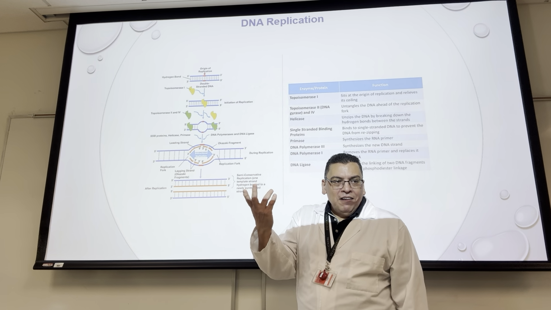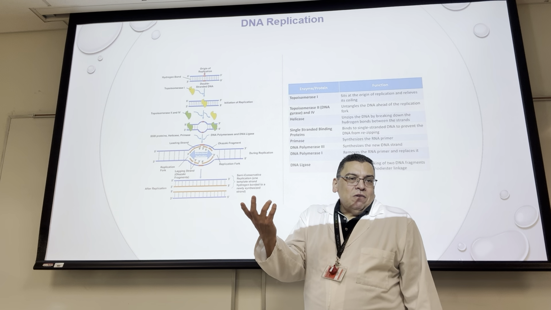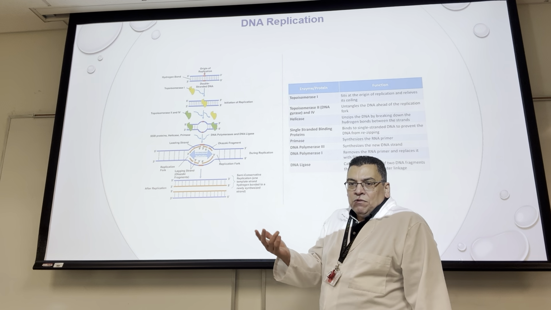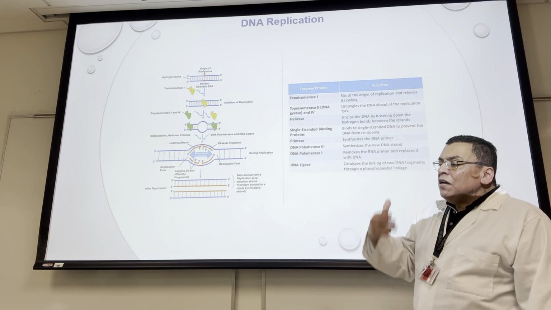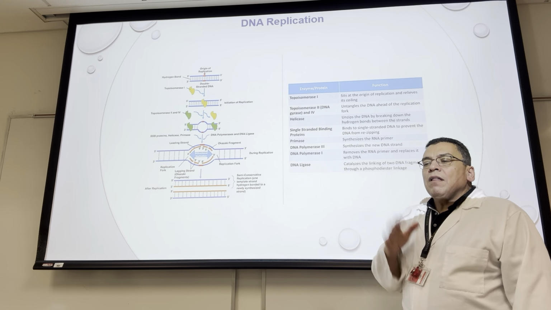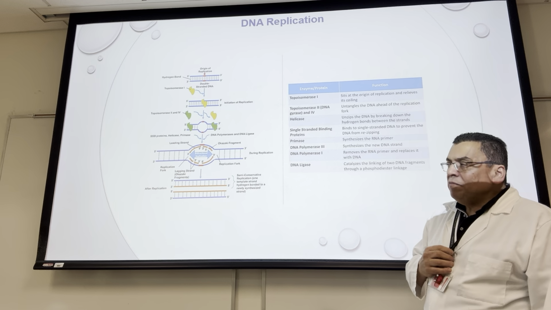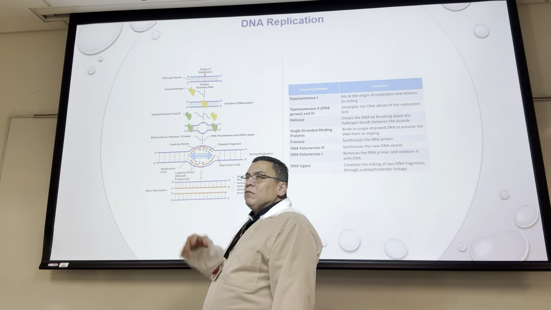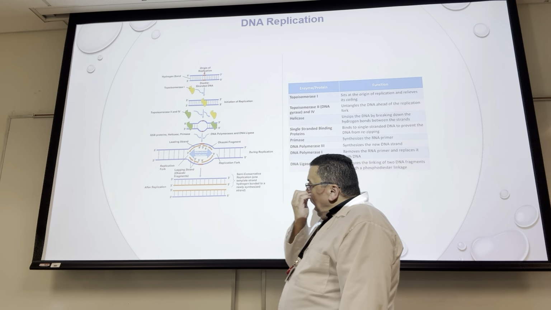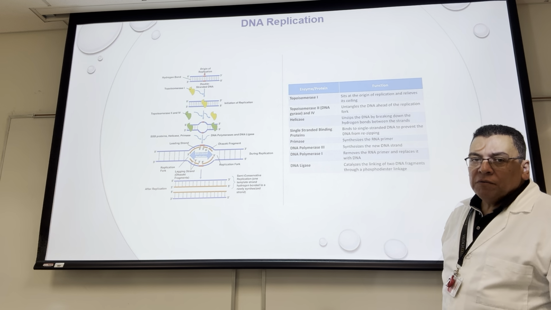It's dead. It won't know what to do. So the first thing that happens is copy the DNA, then divide the cell. So we're going to talk about DNA replication. This alone is a separate chapter in Gen Bio.